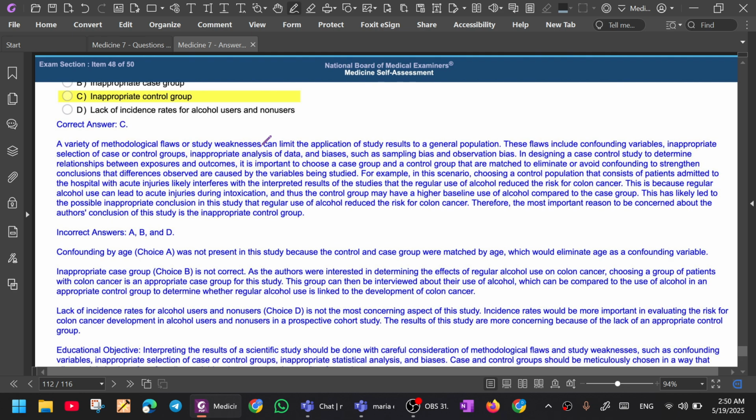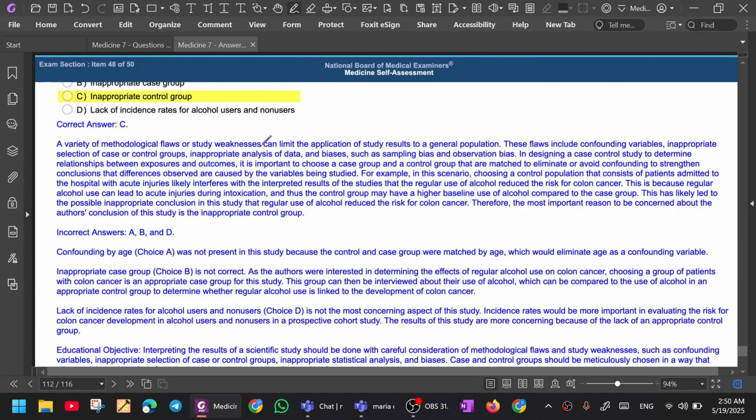For example, in this scenario, choosing a control population that consists of patients admitted to the hospital with acute injuries likely interferes with the results of the study that regular use of alcohol reduces the risk of colon cancer.